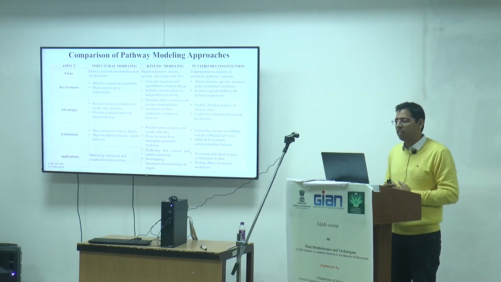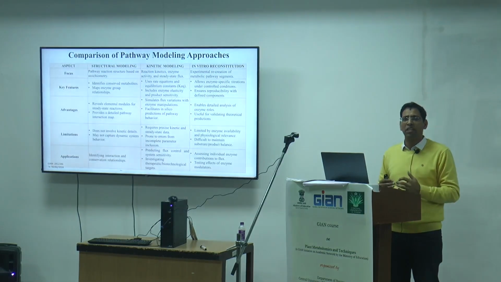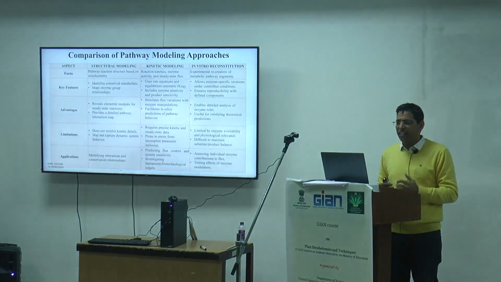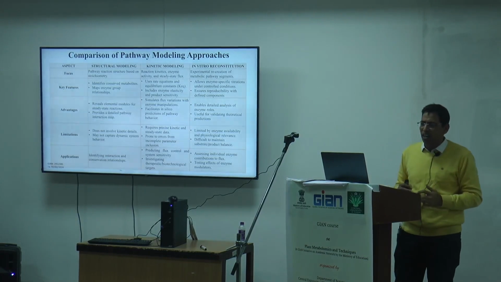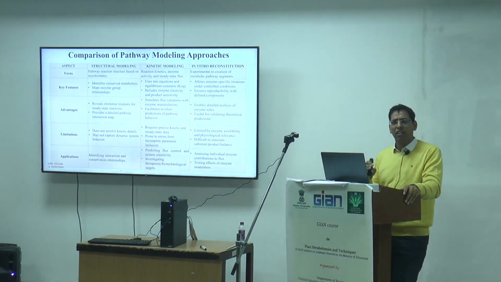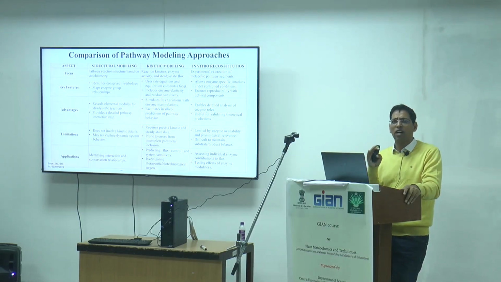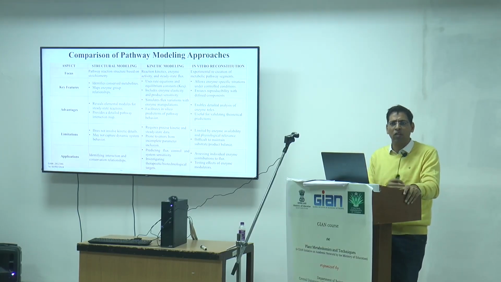The advantage is that it reveals the experimental modules for steady state relationships and also provides detailed pathway interaction maps. The limitation of structure modeling is that it does not allow kinetic data. So if kinetic data is not available, you can't skip the detailed things. But you can understand how many metabolites are involved in a particular biosynthetic or degradation pathway.